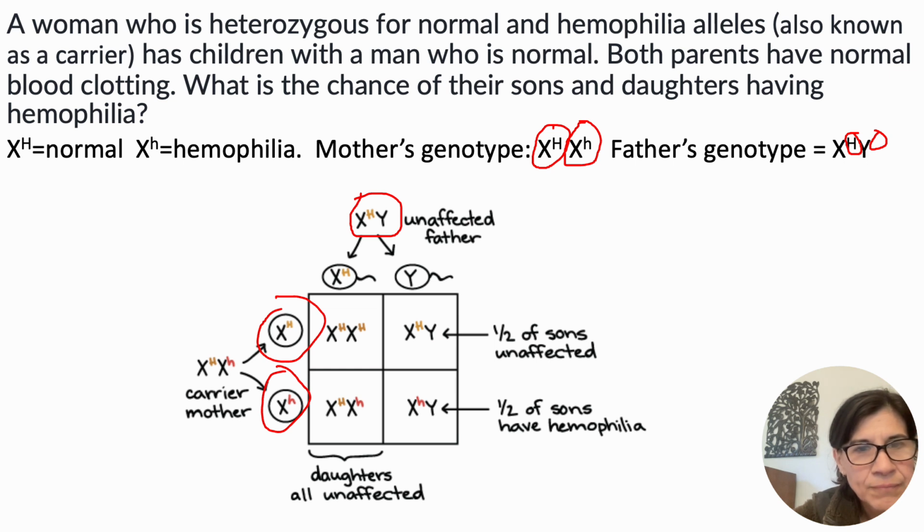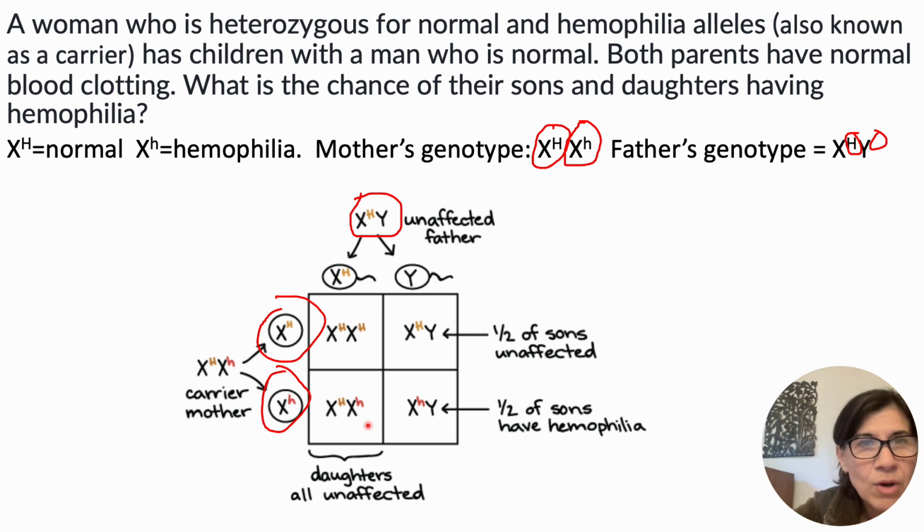If this egg and this sperm fuse, you would have X big H, X big H. That would be a female, not hemophiliac. If this egg and this sperm fuse, you'd have X big H, X little h. That girl would still not be a hemophiliac. She'd be a carrier, or heterozygous, but she wouldn't have hemophilia.